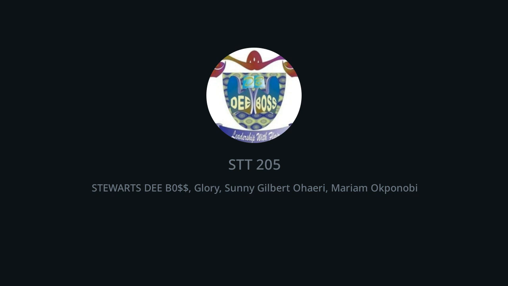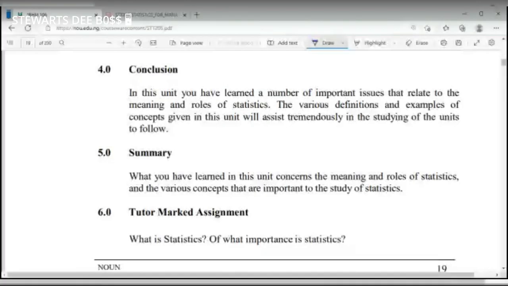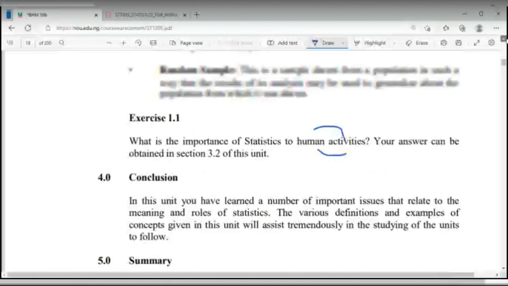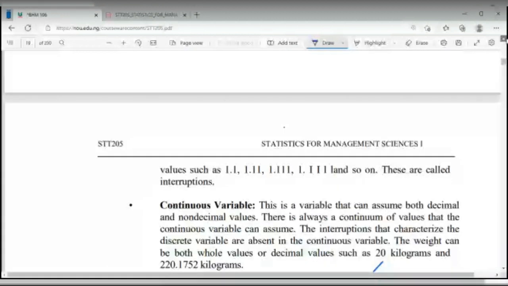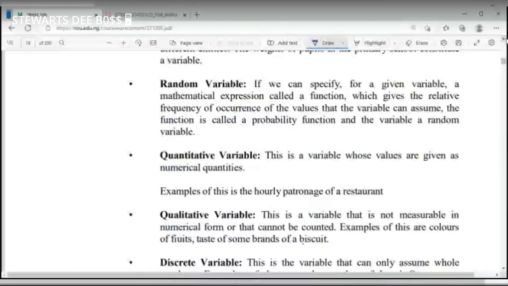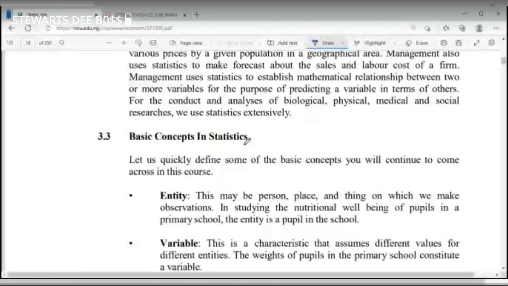You can see all these are various concepts that are very important, things you need to know and understand if you want to have a good time studying this course.